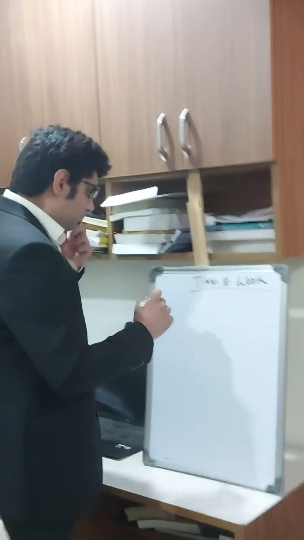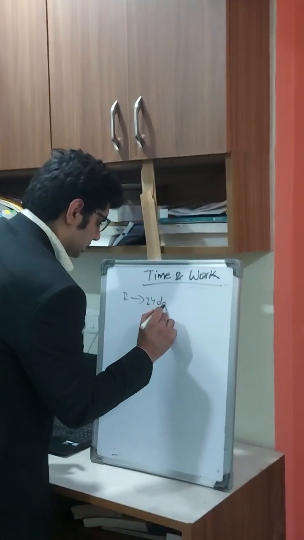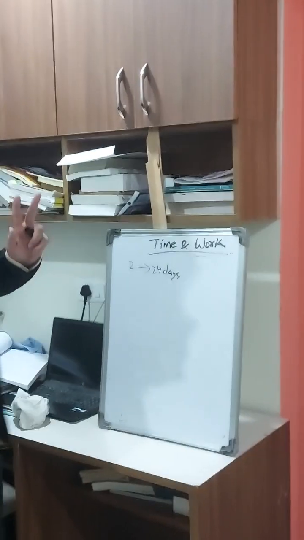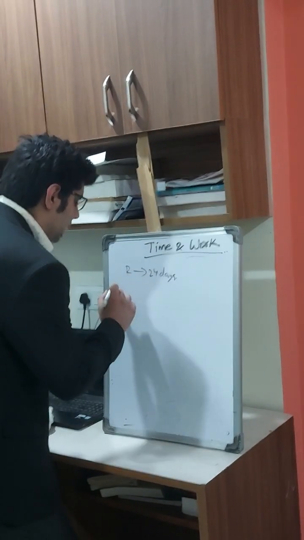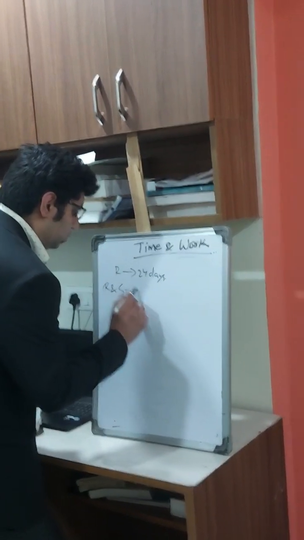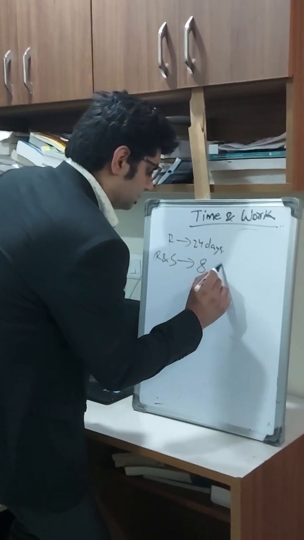Now let's suppose that Ram takes 24 days to complete a piece of work alone, and Ram and Sham together do the work in 8 days.